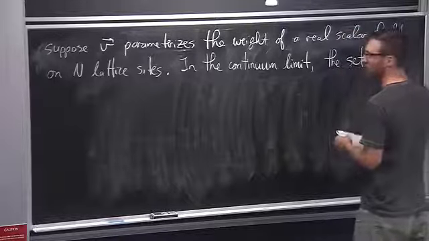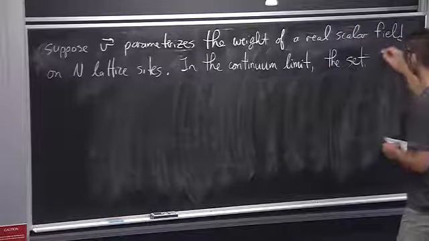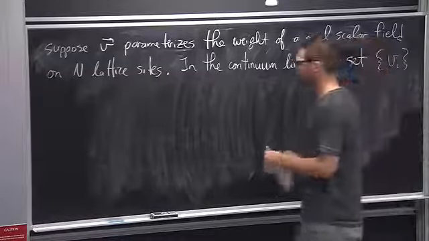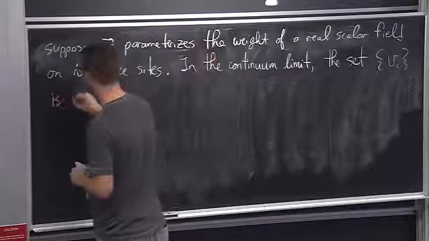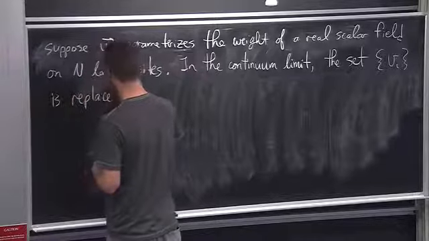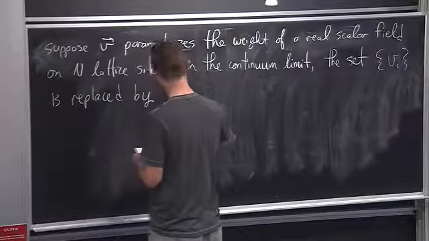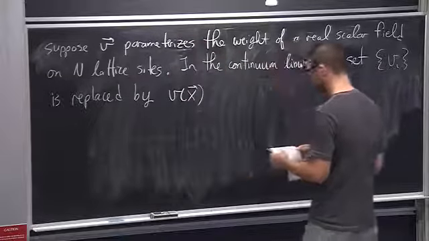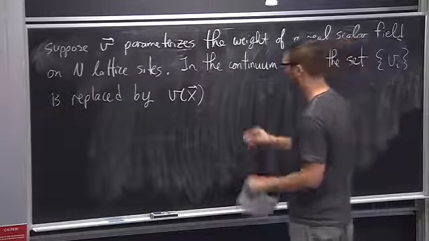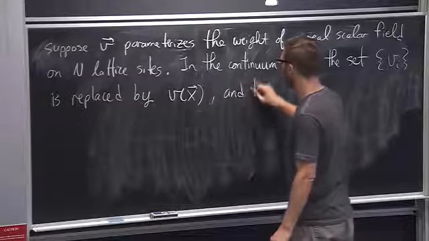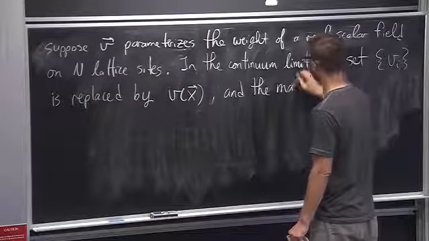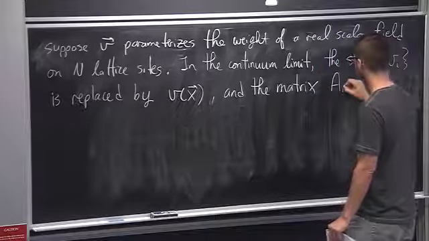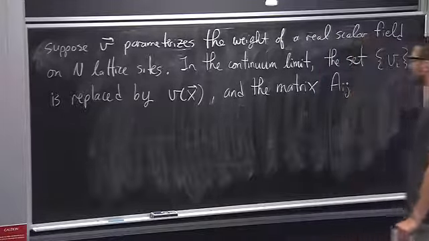So the set of all of these n elements is replaced by the field value, and the matrix which has elements, I guess, ij.